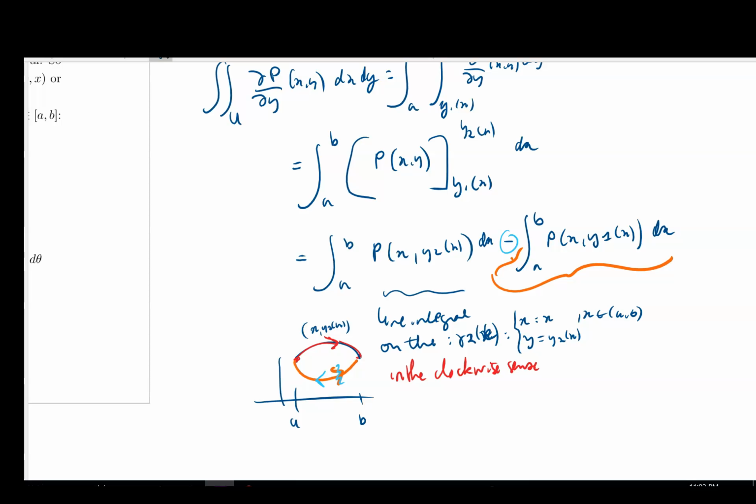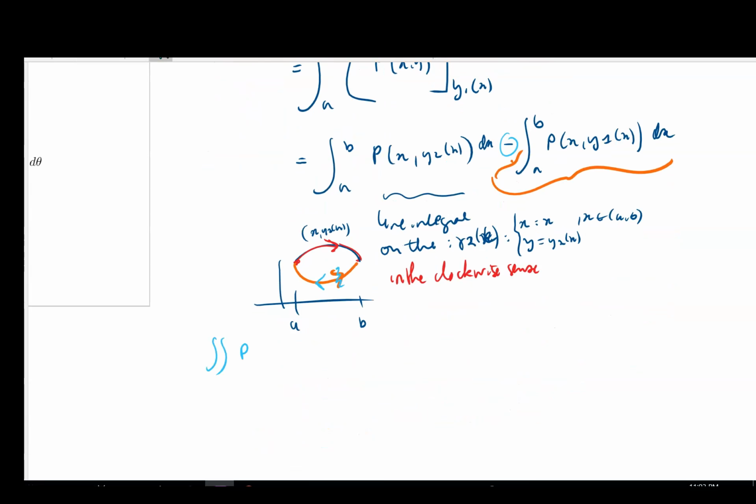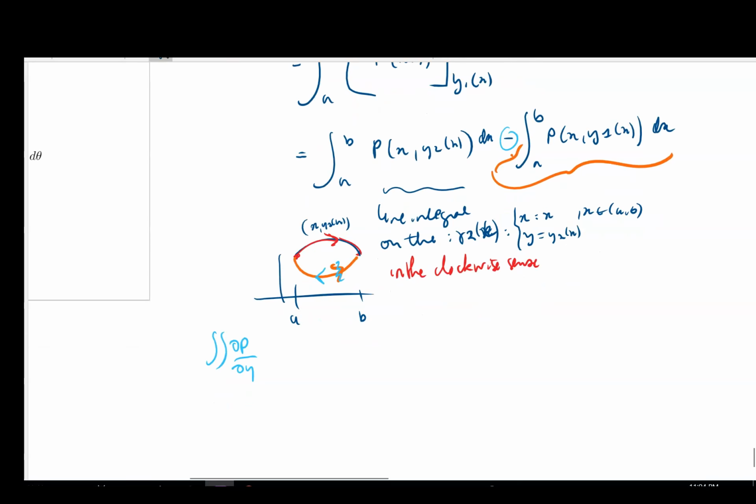So actually this double integral of dP over dy, dx dy, on my domain U, is exactly the line integral on the boundary delta U, on my whole boundary, in the clockwise direction.